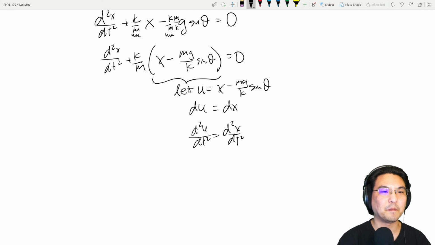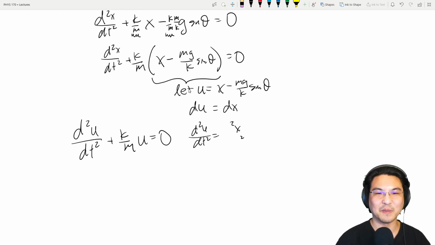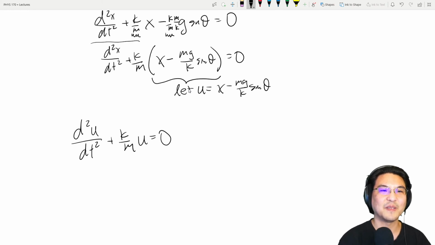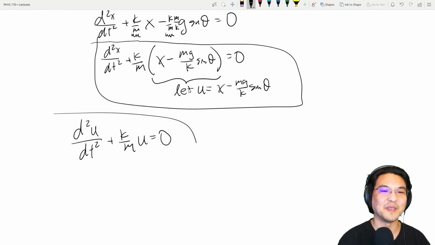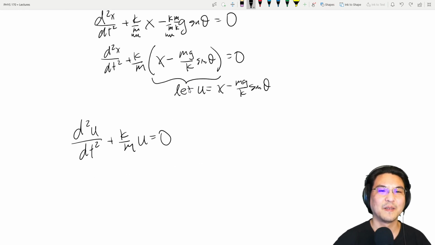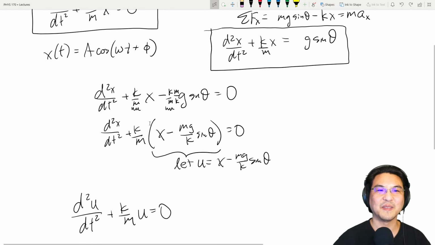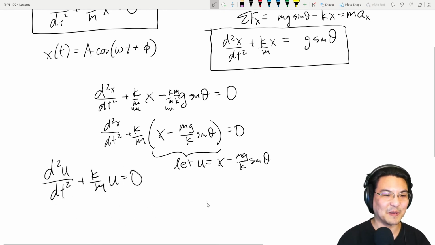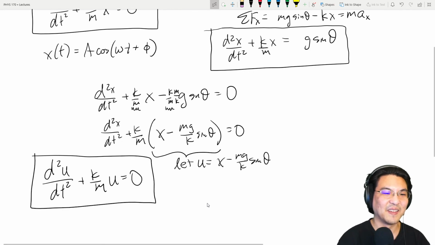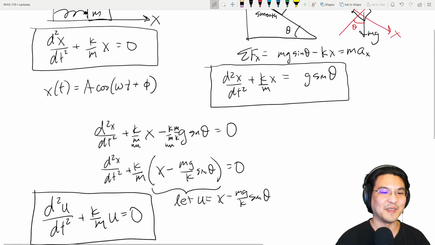Okay, so then this is u. And now look, let me just keep everything. This turned into this. Okay, and you know how to solve something that looks like this. Right? It is now a homogeneous second order ODE.